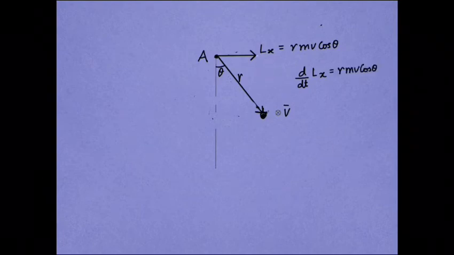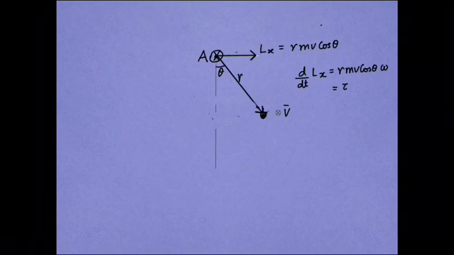Therefore the rate of change of Lx is inward, and the rate of change of angular momentum is torque. So we must have an inward torque of this magnitude. So this is the result we have obtained, that for this particle to move along the circle, an inward torque of this magnitude must be acting on it.